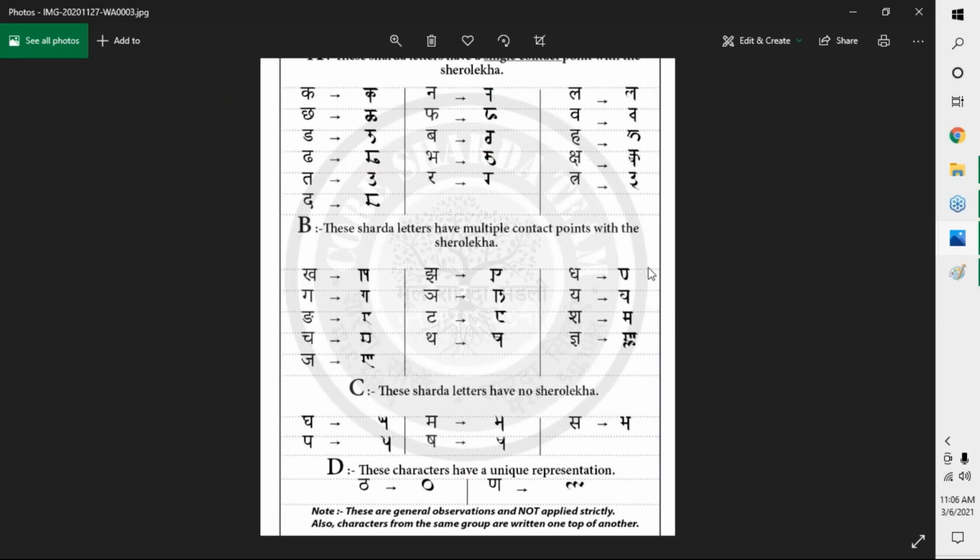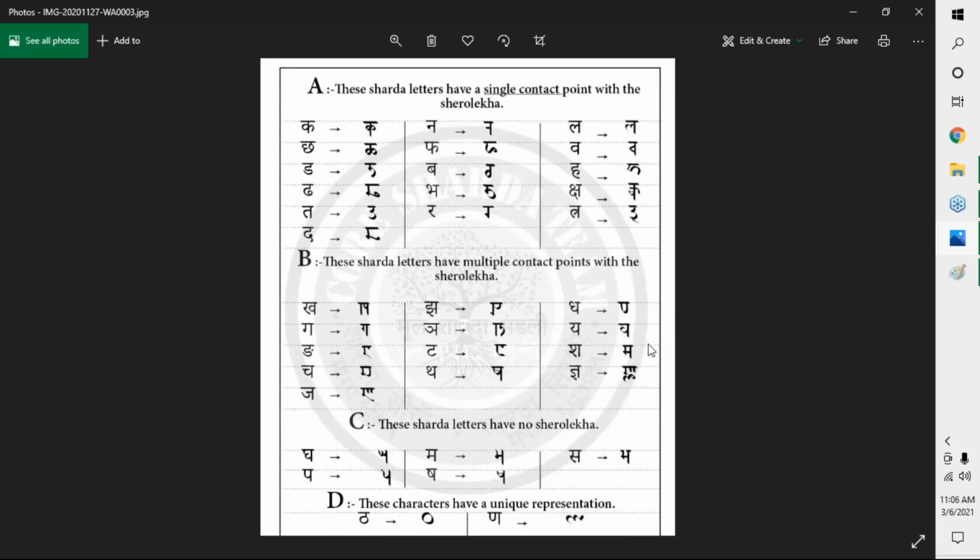So here, students, let's understand. Do not worry, I will take you through this in my practice session also. We will have to remember. In fact, I would request students to take this as homework, to write these characters. There are 4 categories of consonants in Sharda Lipi.